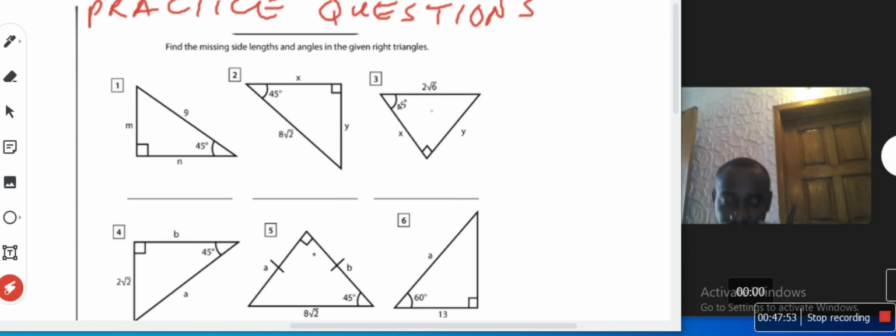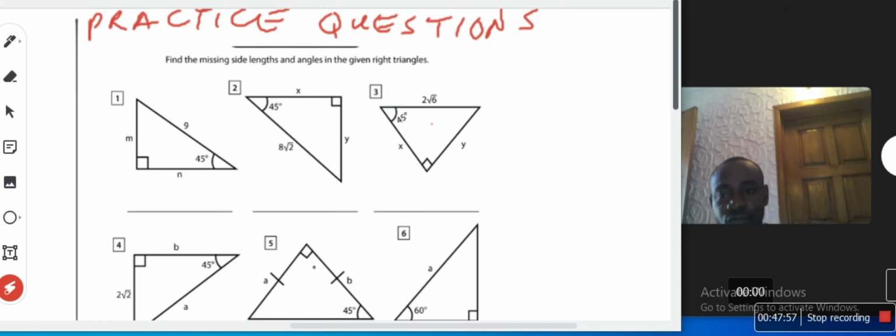First of all, let's just run through; we're not going to solve it. Is m adjacent? Are you sure? M is what? Remember, you get the hypotenuse by looking at the angle 90 degrees.